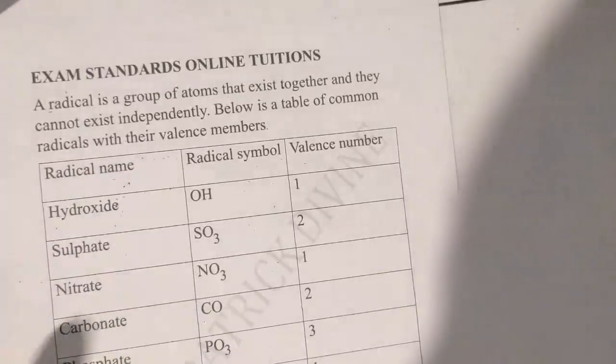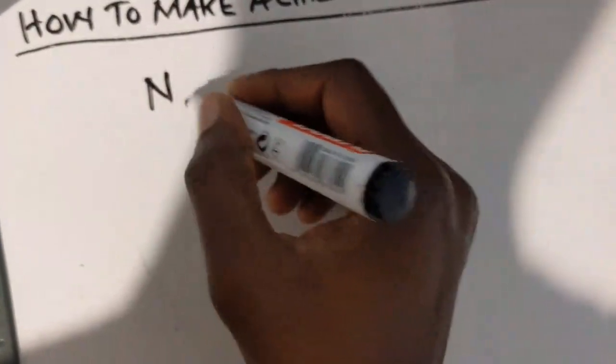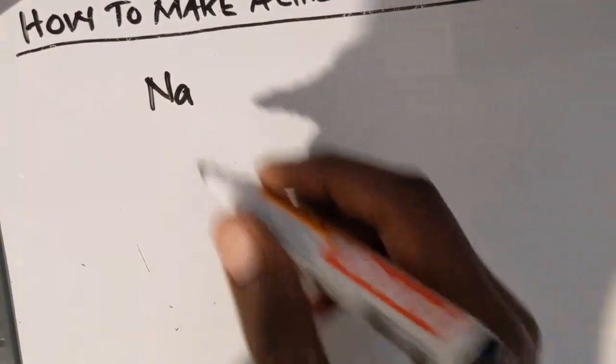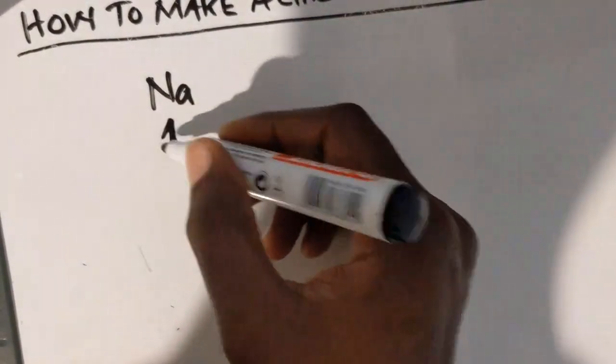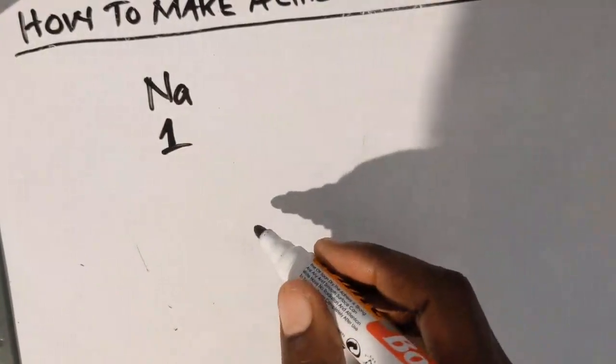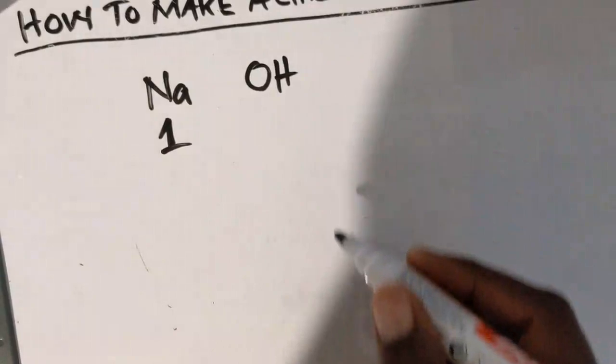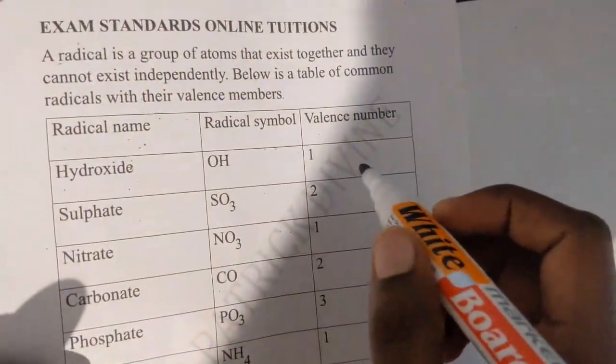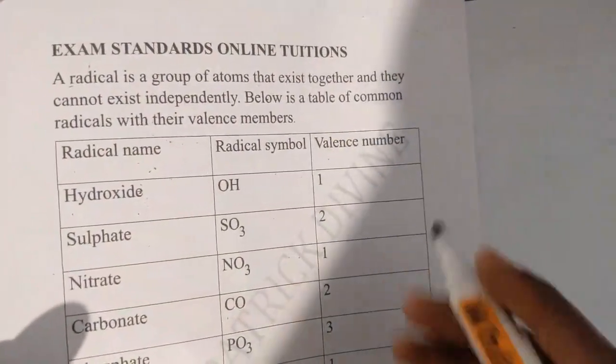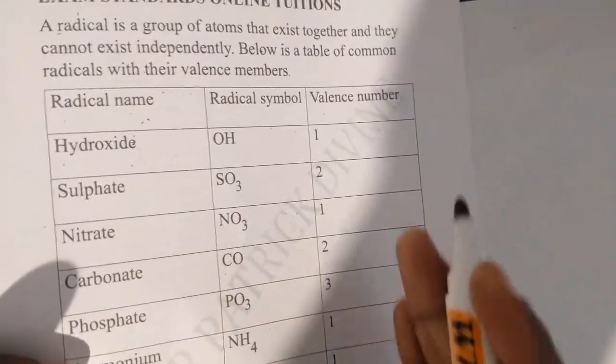What is the chemical formula for sodium hydroxide? You know that sodium is in group what? Is in group 1. Check on your periodic table. Sodium is in group 1, meaning that it has a valence of 1. How about hydroxide? That's how you write hydroxide, and it has a valence of what? Of 1. Make sure that you know them, because they won't bring these for you.